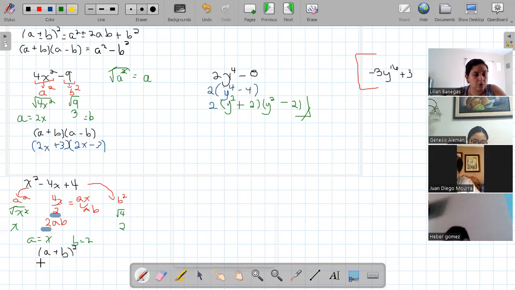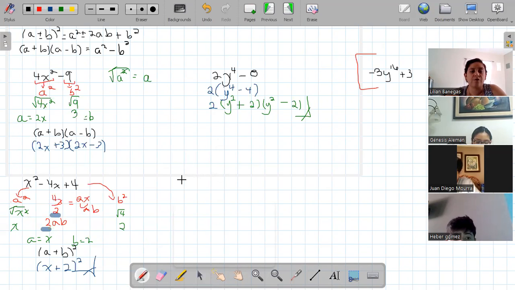That's all that I need to do. So I'm going to say parentheses instead of a, x, plus instead of b, 2. And I'm going to elevate that parenthesis to the second power. And this is the factorization of this trinomial. That is one way. There is actually one way of not doing this part of division. Let's see another method, okay?